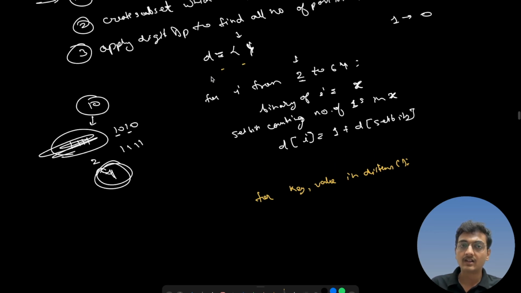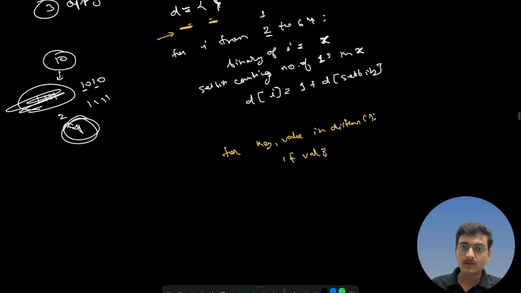The key will be the number, and the value will be its depth. If value equals k minus 1, then I can store the key in a set or any data structure, an array or anything.